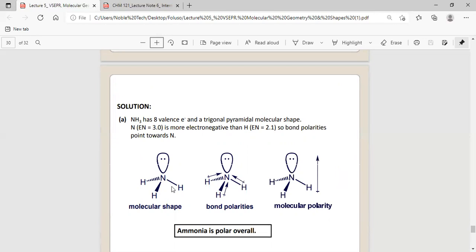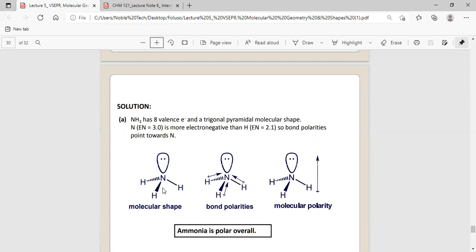It is trigonal pyramidal because it's a distorted tetrahedral. Nitrogen undergoes sp3 hybridization, so it is supposed to be tetrahedral, but there is a lone pair of electrons, and that lone pair will make it trigonal pyramidal.